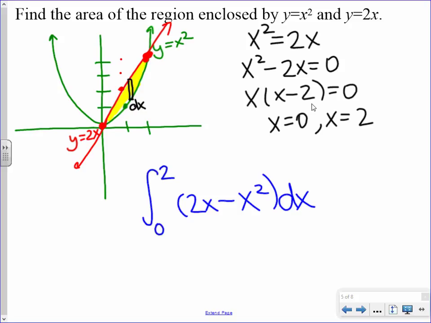Make sure the top minus bottom function all gets put in parentheses with the dx, because we're integrating all of it. Just to save some time, let's go ahead and use the Math 9 command in our calculator to get this area.